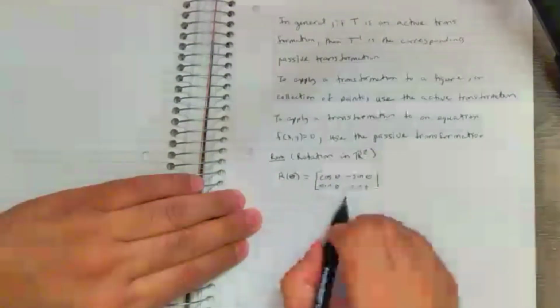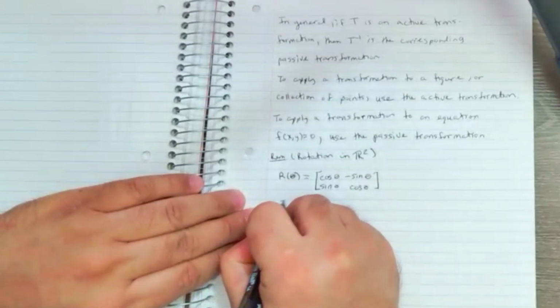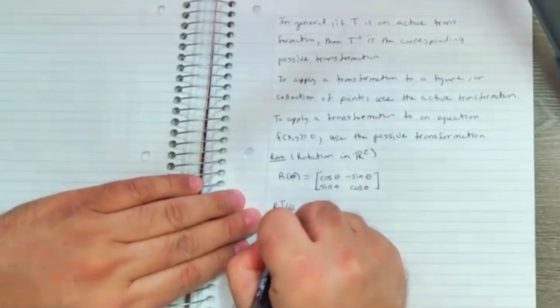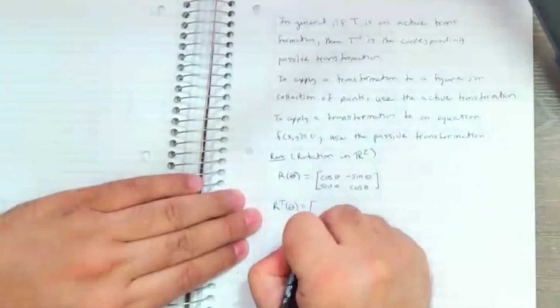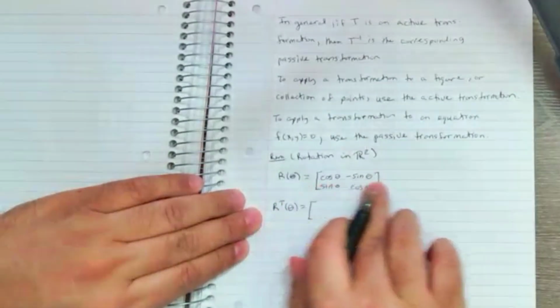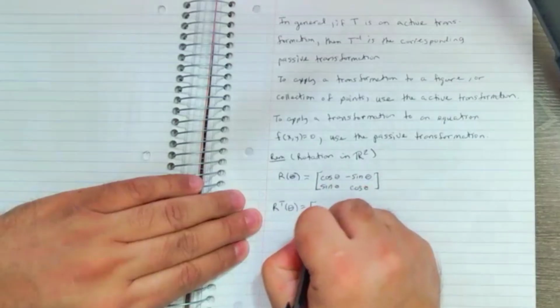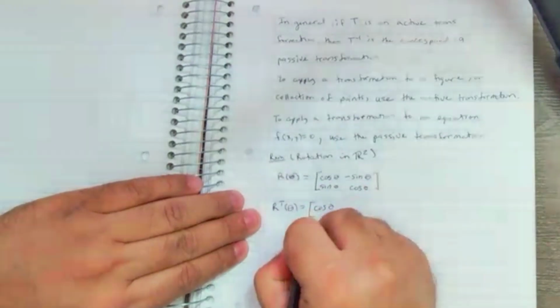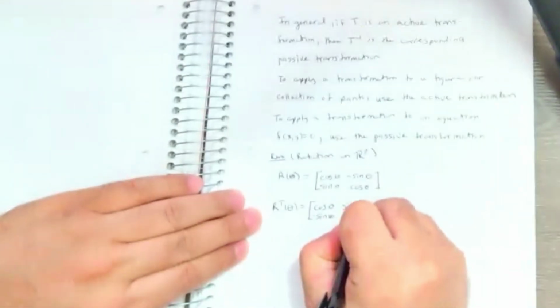Now we're going to take the transpose of this matrix, and the transpose of the matrix takes the first row and makes it the first column, and takes the second row and makes it the second column.